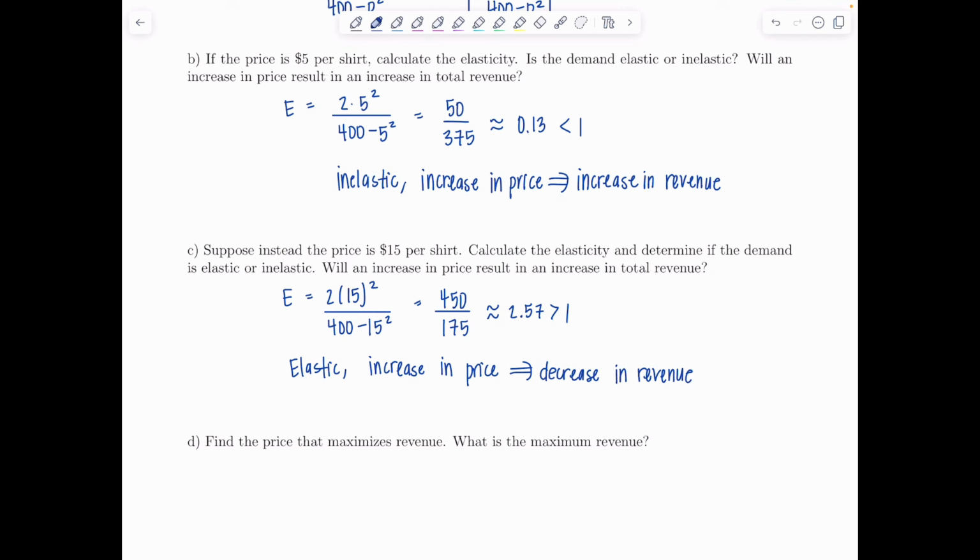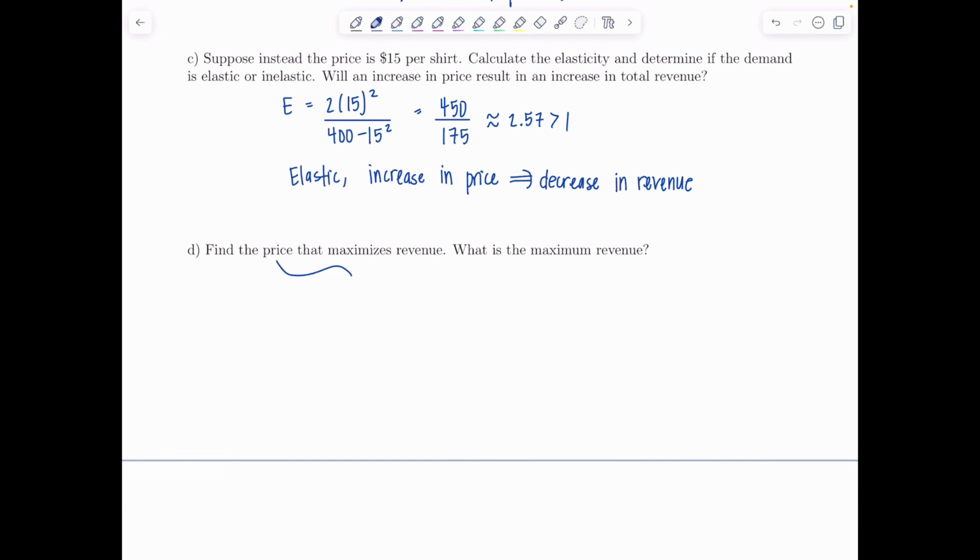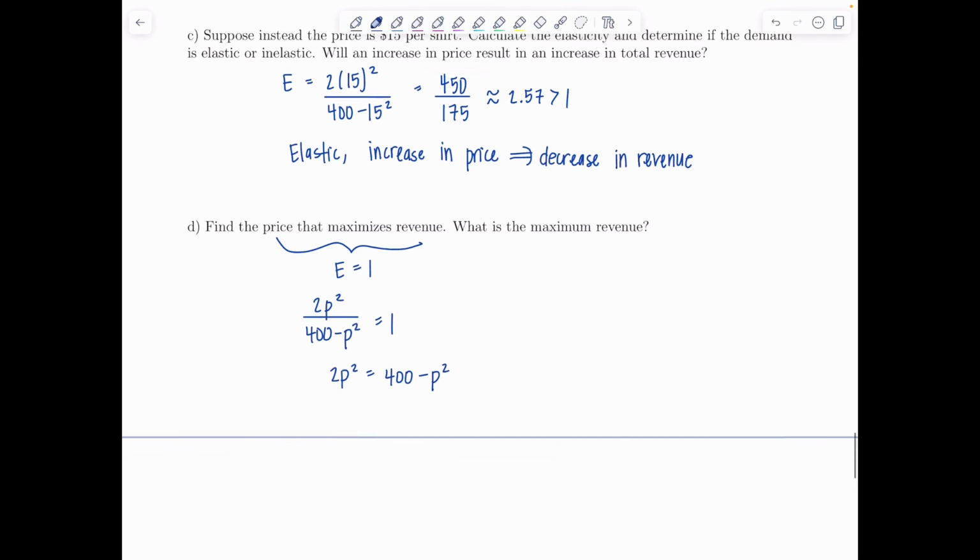So we got to find the sweet spot. Find the price that maximizes the revenue. What is that maximum revenue? So remember, to maximize revenue, we want elasticity of demand to be 1. So no guessing, just set 2P squared over 400 minus P squared equal to 1, which means 2P squared is 400 minus P squared.